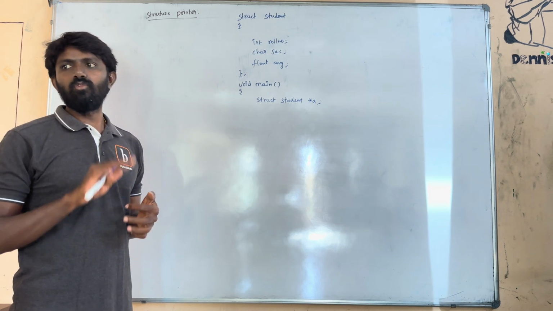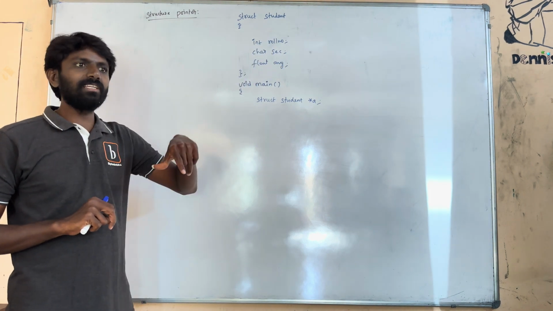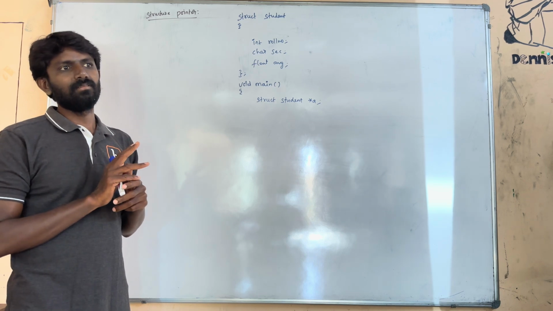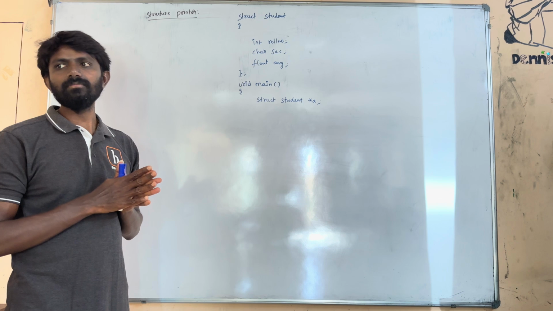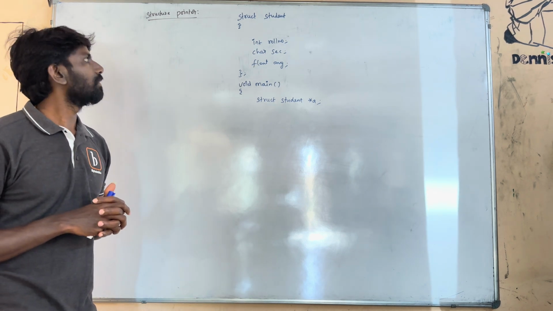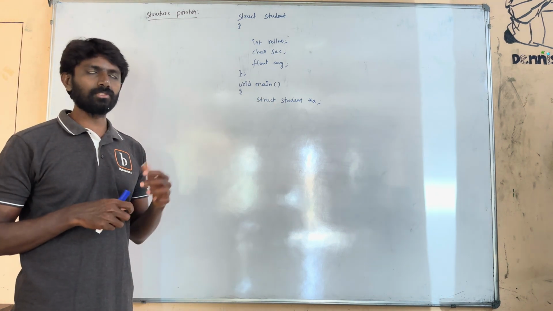You have only 4 bytes of memory, and that can only store an address. You can store the starting address of the student. So what else do we have to do before storing the student details?